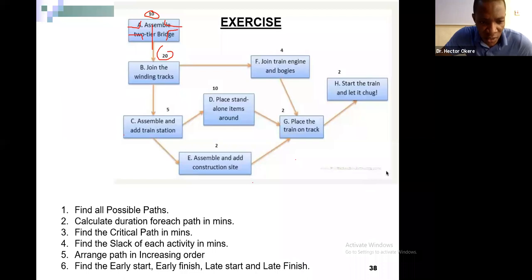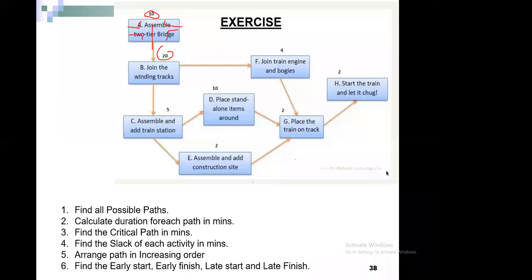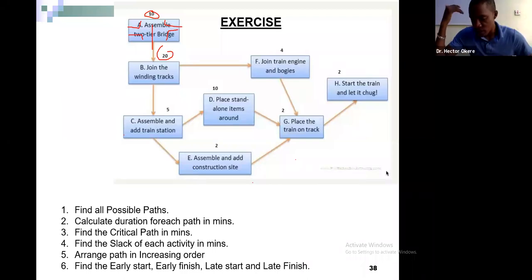So increasing order, obviously, you guys will know that 38 will be the lowest, 41 will be the second, and then 49 is the increasing order. So to calculate the early start and early finish, I will just forward the answers to your WhatsApp group, your WeChat group. So you can compare your answers and my answers, okay?